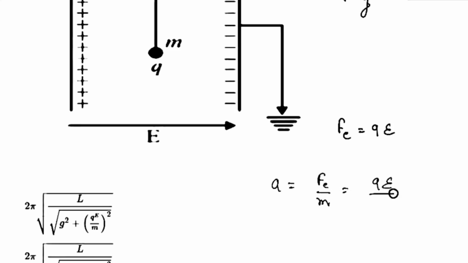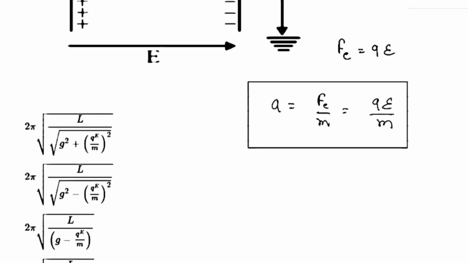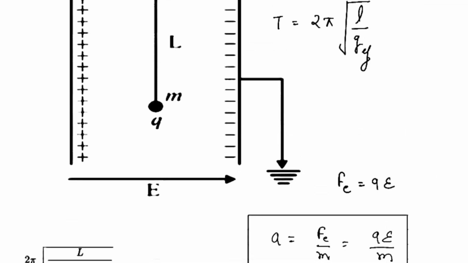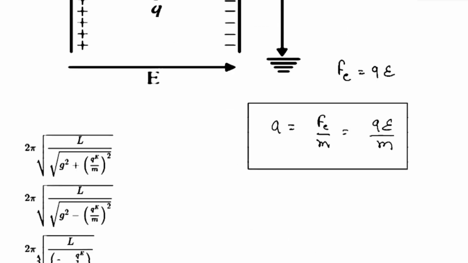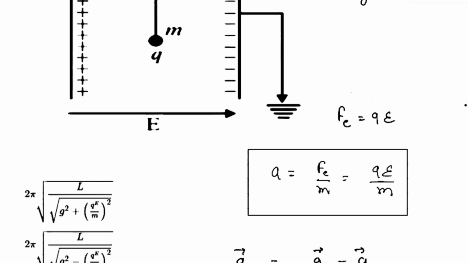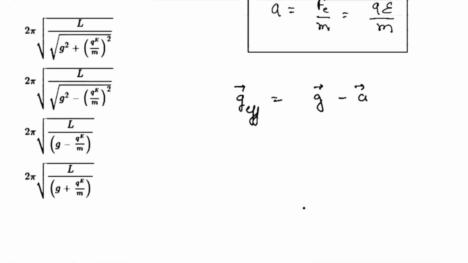Now g effective is g vector minus acceleration vector. The acceleration of the frame is in this direction, so you add the acceleration in the opposite direction.